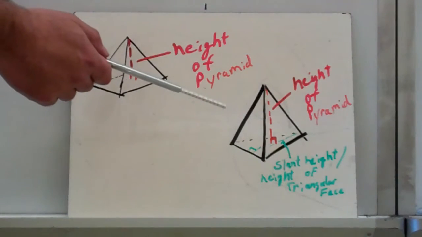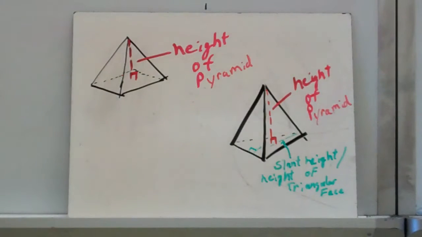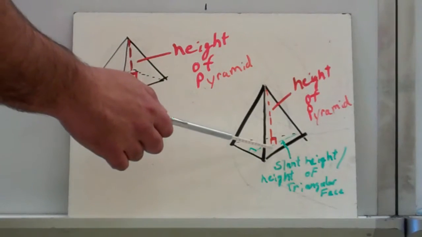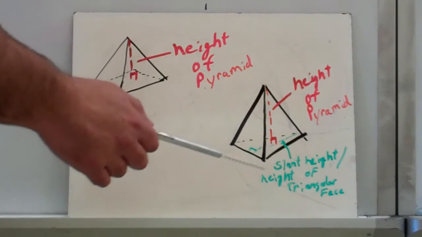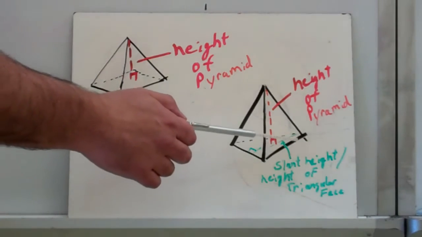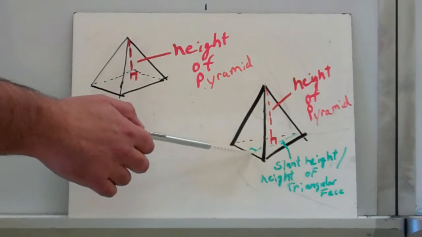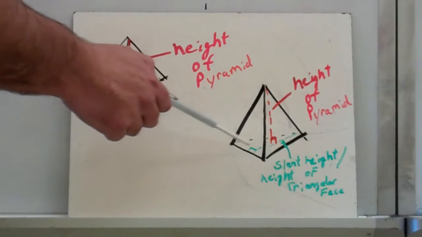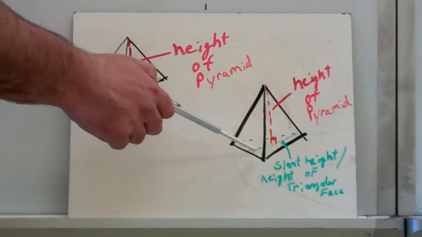If we look at the triangular pyramid, that's where things might get a little crazy, because not only do we have to deal with the height of the pyramid, which is again coming down from one of the vertexes straight into the center, it looks like, of one of the faces, but we also have the height, or the slant height, of the triangular face, the lateral face, that is here.